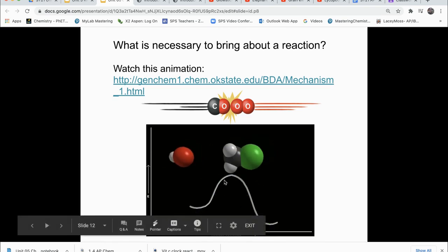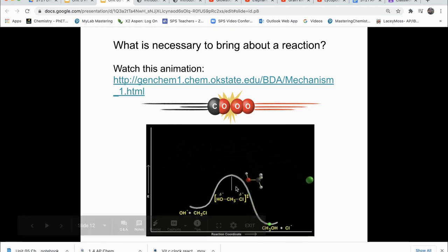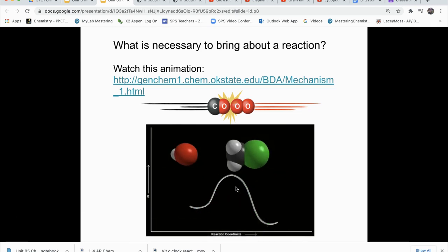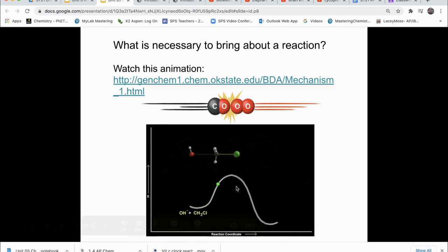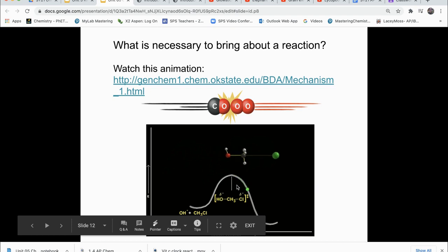Okay, so you need enough energy and you need the correct orientation. But first of all, you need a collision. And some of those collisions will have enough energy and will be oriented correctly to give the product.